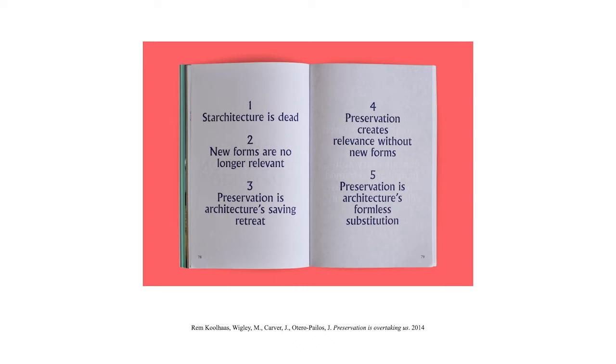Until recently, authorship and new forms were associated with advance in the field. The manifesto argues that these issues today appear superficial when compared to some of the current challenges which architecture needs to face. Issues such as the environmental, economic crisis, or decolonization, which was explained by Shakira a couple of weeks ago.